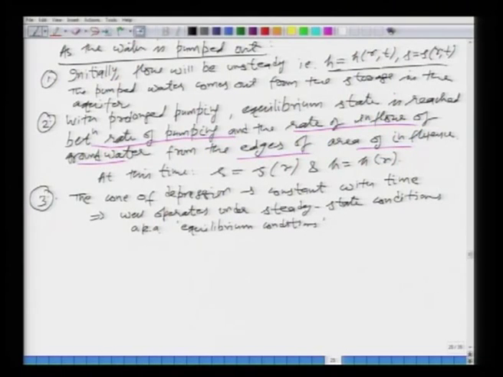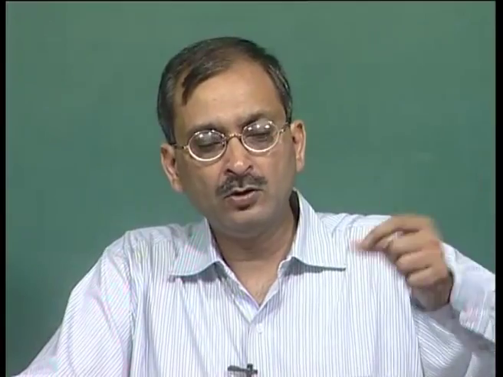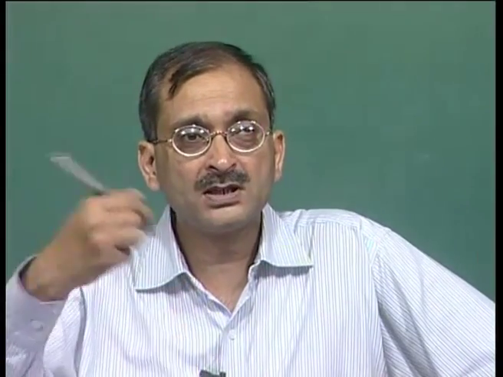Now, what happens when we stop the pumping? Until now, we said we start the pumping and keep on pumping the water from the aquifer. As long as we pump the water out, we have reached the steady state conditions, and things will be constant. But if we stop the pumping, then what happens? Obviously, once you stop the pumping, your output has stopped, but there is inflow taking place.